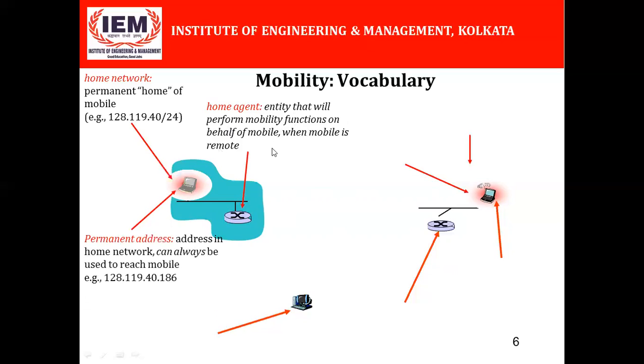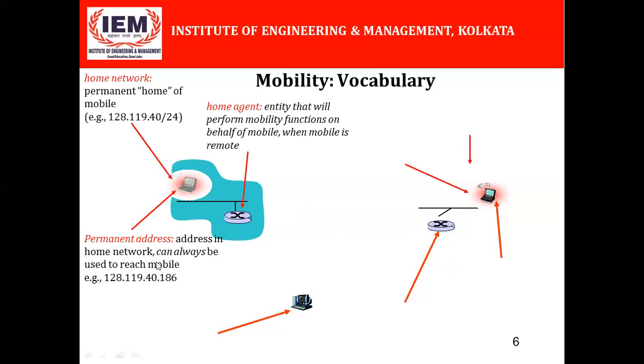Next to that, permanent address. The address in the home network can always be used to reach the mobile. As an example, I want to take 128.119.40.186.